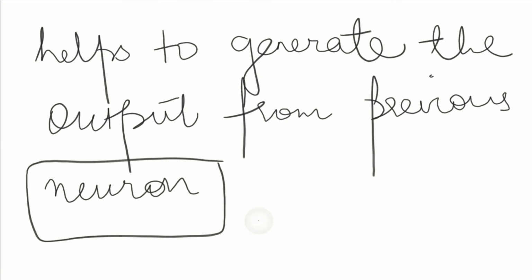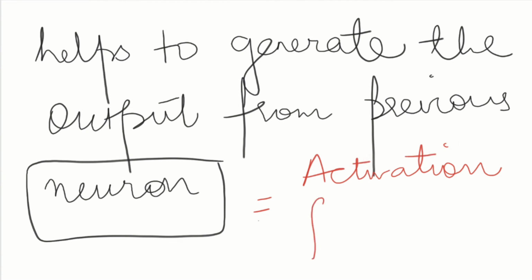Because a neuron is present in every layer, these functions help to generate the output from the previous neuron, and this function is termed the activation function. These functions are called activation functions.